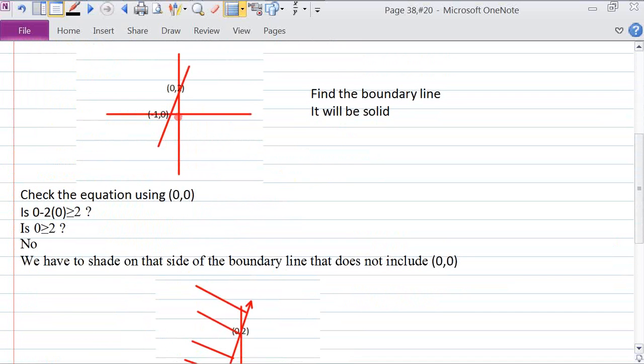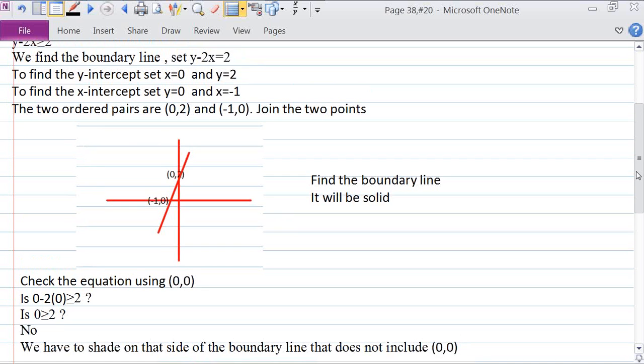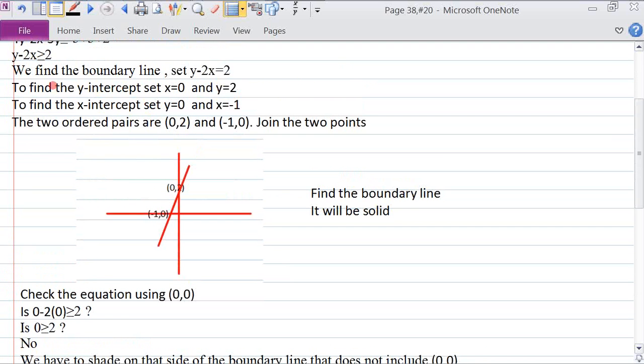So now we know that the point 0, 0 lies clearly on one side of the line. So we're going to check the equation using 0, 0. And when we do that, we're going to put 0 here, and we're going to put 0 here.